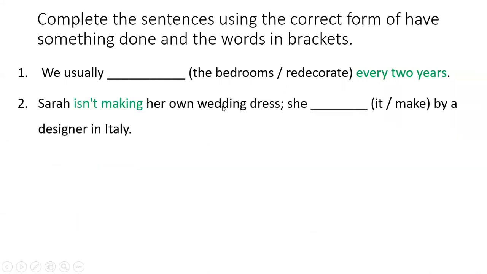Sarah isn't making her own wedding dress. It made by a designer in Italy. So here again, I want to talk about she as the cause, and it is the dress. She's going to make the dress, but she's not going to make it herself. She wants that designer to make it for her. So again, here, we want to use the causative.